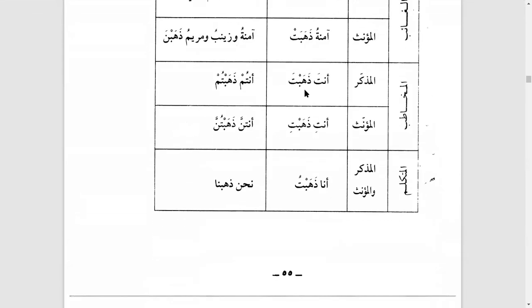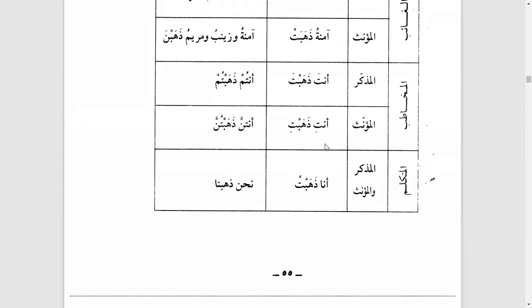Anta, dhahabta. Here it is simple because in anta, ta is the subject, and in dhahabta, ta is also the subject. So anta dhahabta, you went. Anta is the subject and dhahabta is the predicate. Antum, dhahabtum. Antum is the subject and dhahabtum is the predicate.